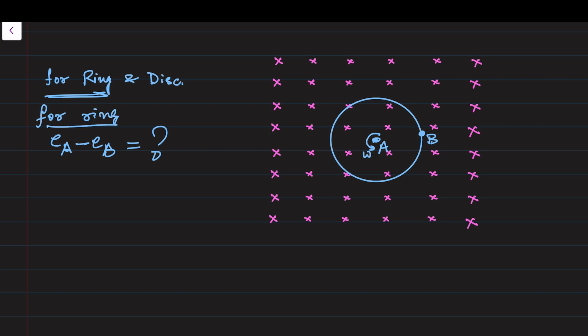Now if you see, as the ring is rotating, the flux linked with the ring, this particular part, is not changing. It is constant. So the EMF induced between this point and this point will be 0. For the ring, flux is constant. No cutting of flux. So the EMF induced is 0.